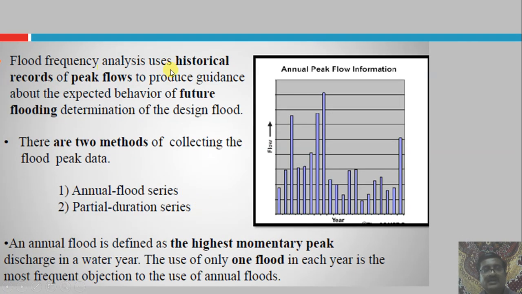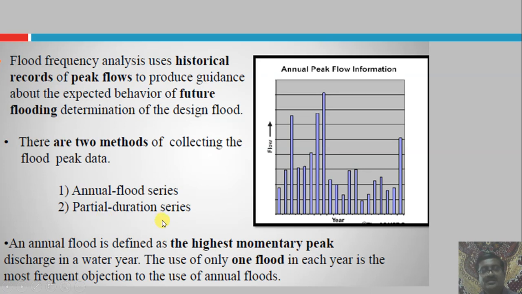Flood frequency analysis uses historical records of peak flows to produce guidance about the expected behavior of future flooding, that is, determination of a design flood. Now there are two methods of collecting flood peak data: the annual flood peak series and the partial duration series.